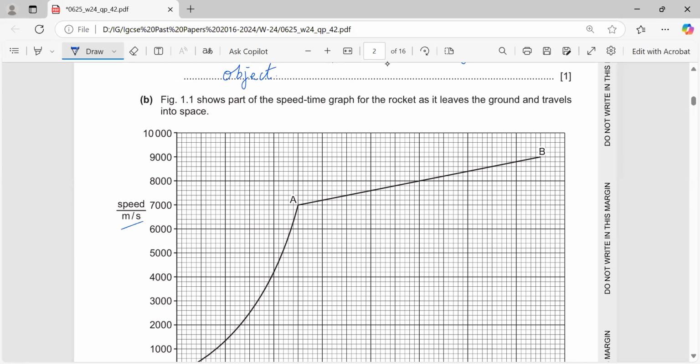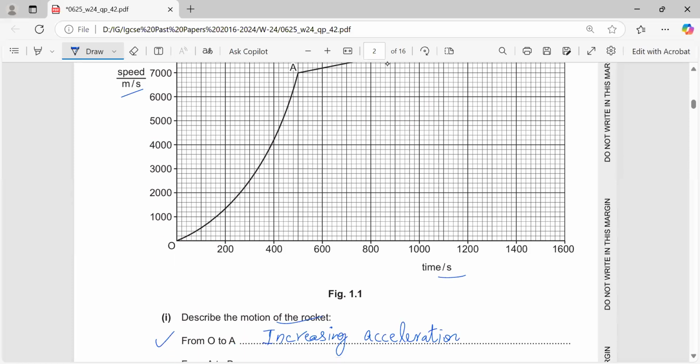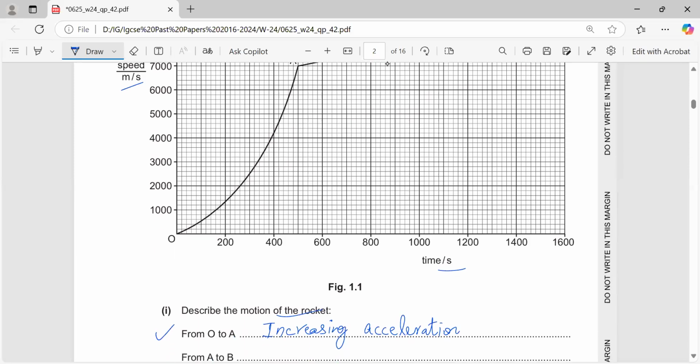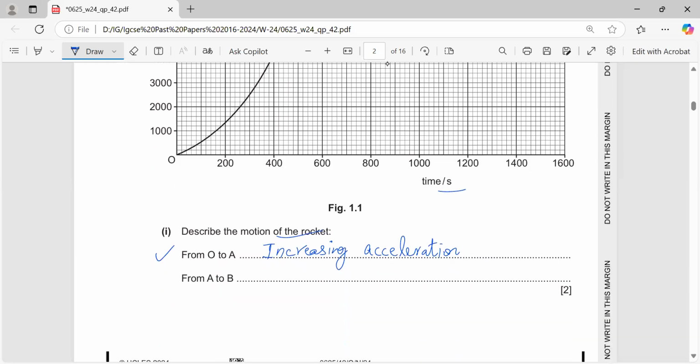So on a speed time graph, slope or gradient is equal to acceleration. So if slope is constant, it means acceleration is constant. So I can write here constant acceleration. So this is what? Constant acceleration.